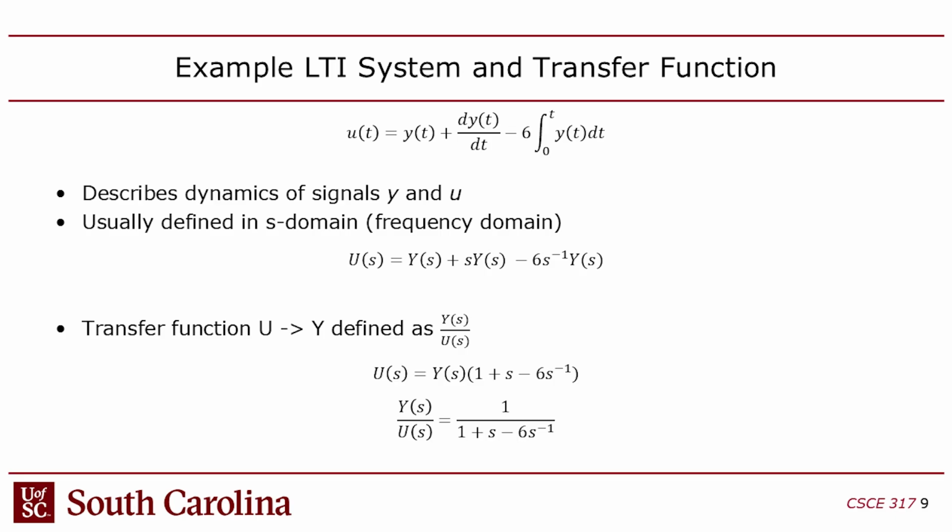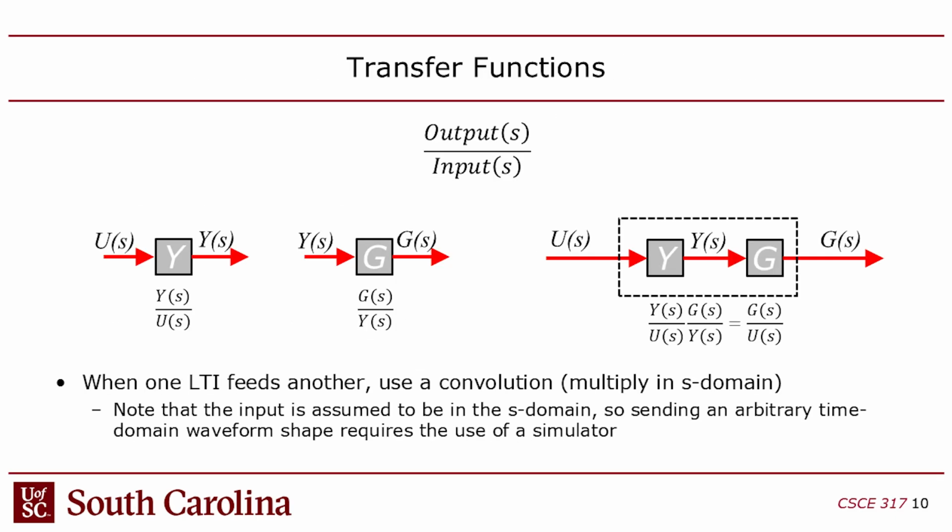So then we talked about transfer functions. A transfer function is when you take an LTI and you ascribe to it some concept of an input and an output, right? Normally the equation by itself doesn't have inputs and outputs.